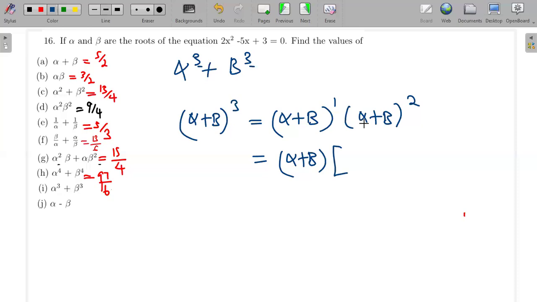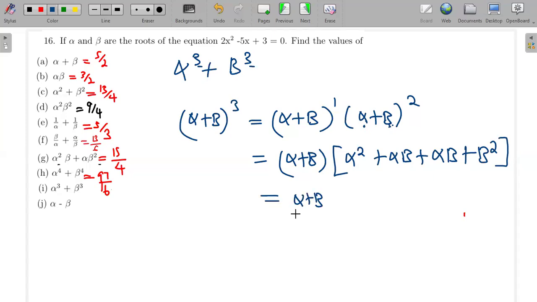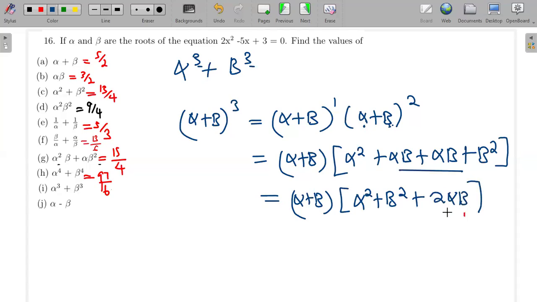Alpha multiplied by alpha, alpha squared; alpha multiplied by beta, plus alpha beta. Now the beta multiplied by the alpha will be alpha beta as well. And then beta multiplied by beta, I get beta squared. So this will be alpha plus beta, and then in the brackets I'm going to have alpha squared plus beta squared, then plus, I combine these two, I have 2 alpha beta.